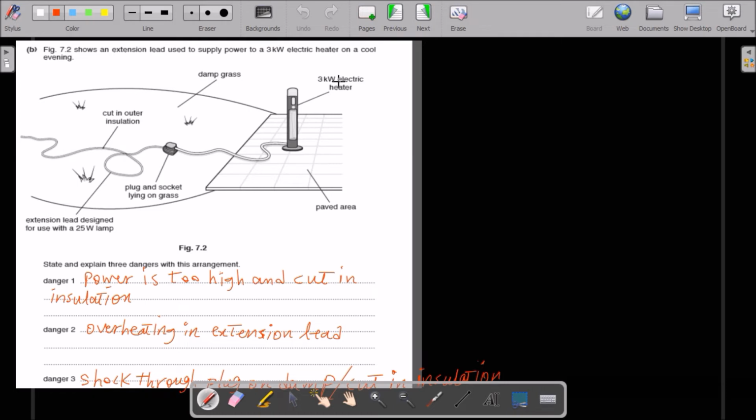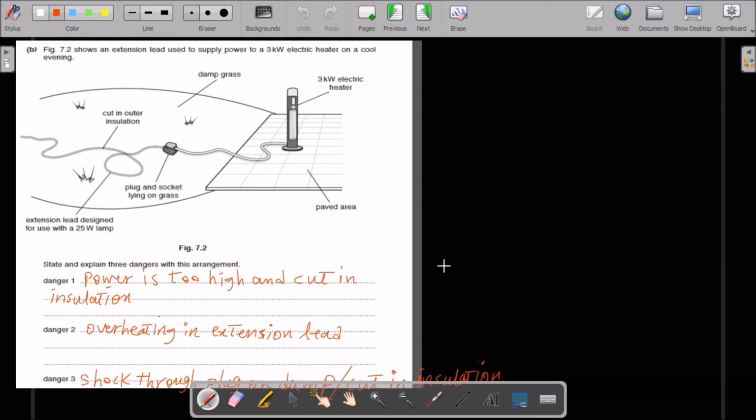So it is too high, and that's why some part of the insulation can be cut, so the wire is exposed out of the insulation, so it causes a danger of electric shock. Danger 2, overheating in the extension lead. Overheating in the extension lead. This is the second danger.